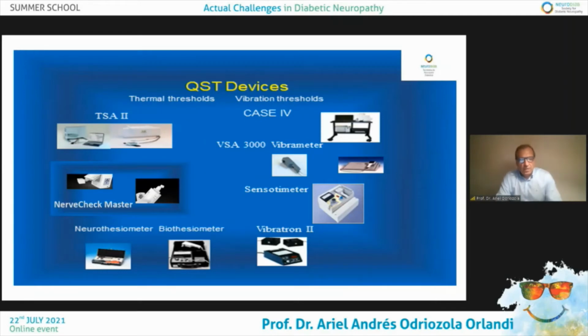This slide shows all the different QST, quantitative sensory testing devices, to evaluate functional subtypes of large and small sensory nerve fibers. The vast majority only detect the dysfunction of large or medium nerve fibers, such as the vibration threshold, and only a few, like the NerveCheck and TSA-2 analyzer, quantify the injury of the small nerve fibers, which allows identifying the phenotype of polyneuropathy.